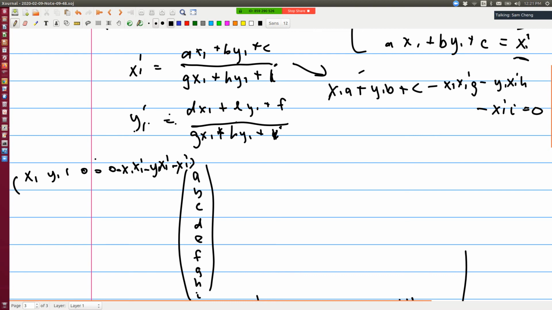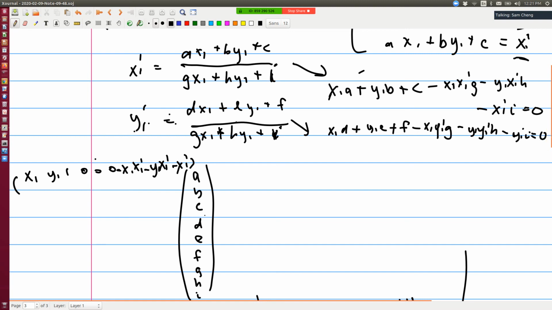Right. And then the second equation is kind of similar. If I move everything to the other side, it's x1 d plus y1 e plus f minus x1 y1 pi g minus y1 pi h minus y1 pi I is equal to 0, right?